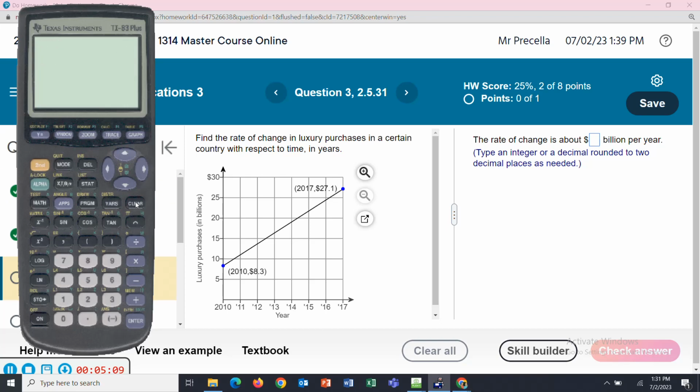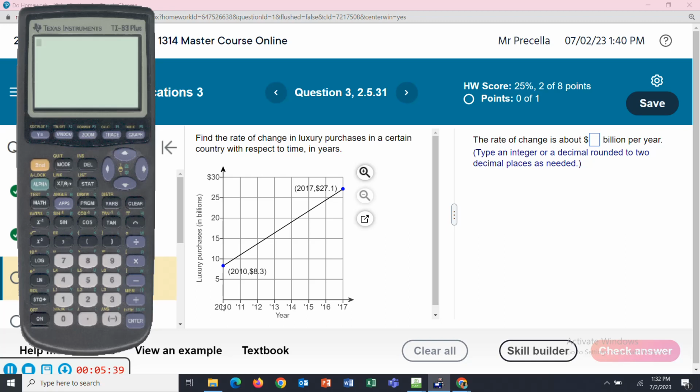Number 3 says, find the rate of change in luxury purchases in a certain country with respect to time. Let's see, so in this graph we're given here, the x-axis, the horizontal axis, that's the year, and the y-axis is the luxury purchases in billions of dollars.